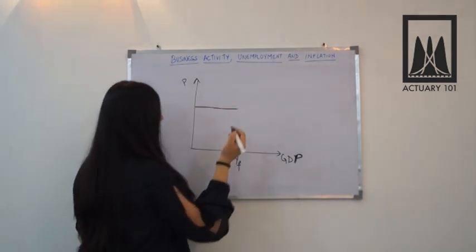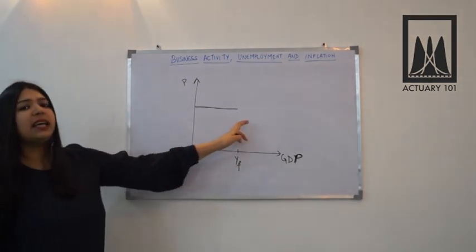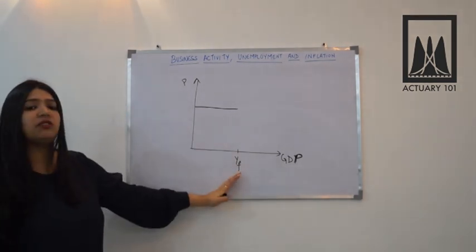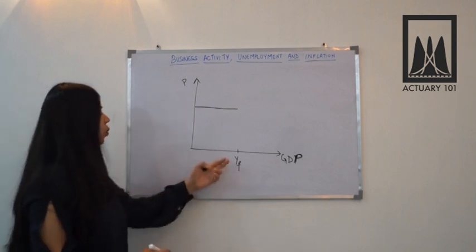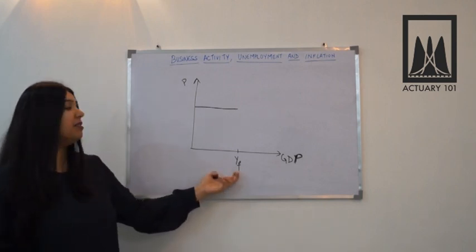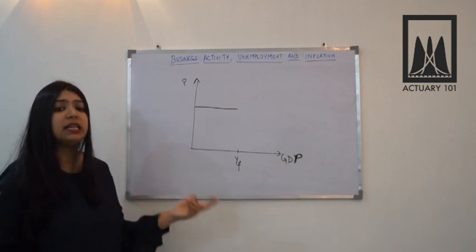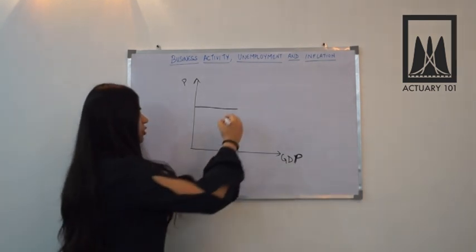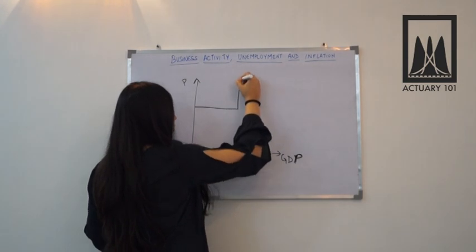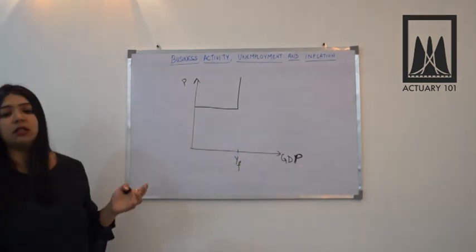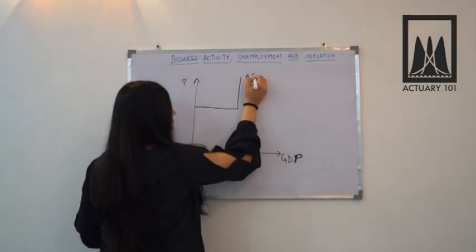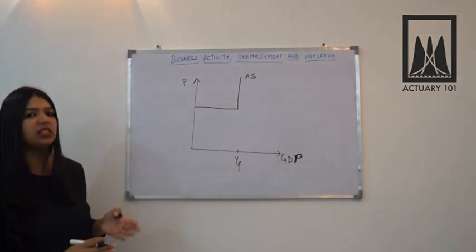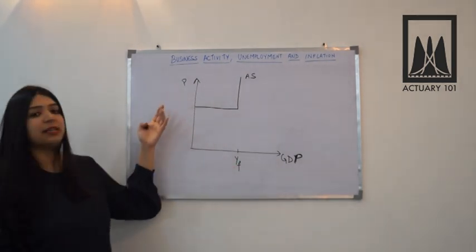There will be no inflation, but supply can increase until you reach the full employment level. But once you have reached the full employment level, the supply cannot increase, and that is why the prices will start to increase and will cause inflation. So the supply curve becomes vertical. And this is our aggregate supply curve with respect to GDP and prices.